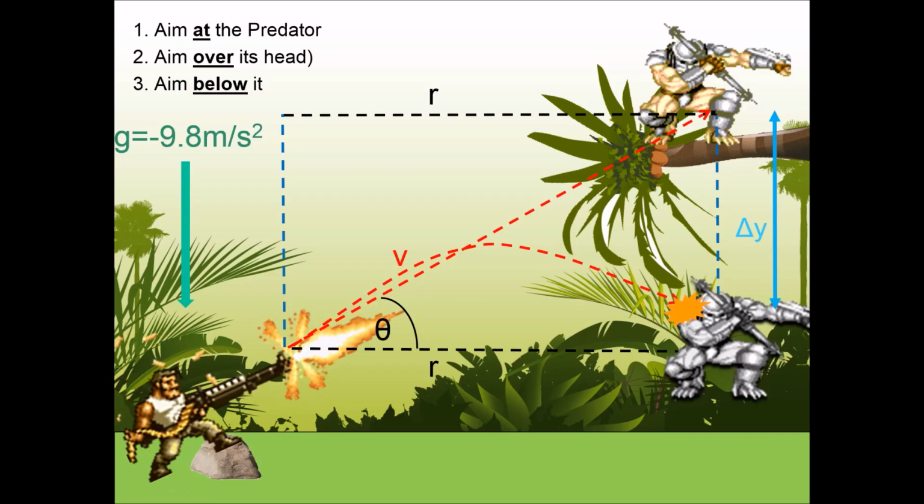So it's not like we're trying to make the bullet zoom across here and essentially hit him here. We want the bullet and the predator to be in the same place at the same time in order to hit it. So what we need is the bullet to traverse delta X in the same time that the predator drops delta Y. And as we've seen before with some of our other explanations, this is something that we can definitely do.